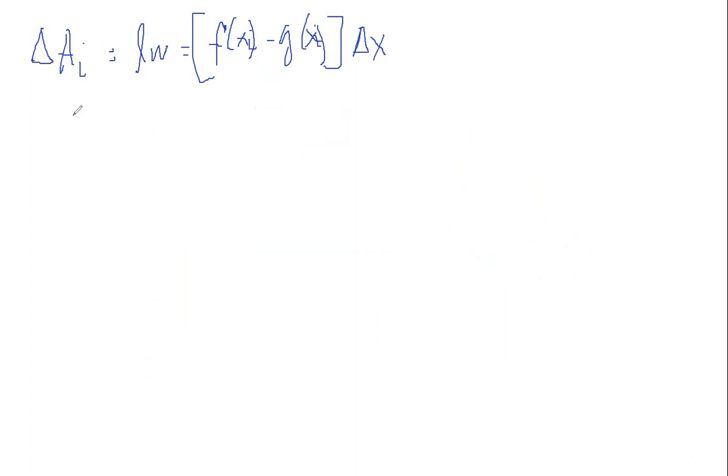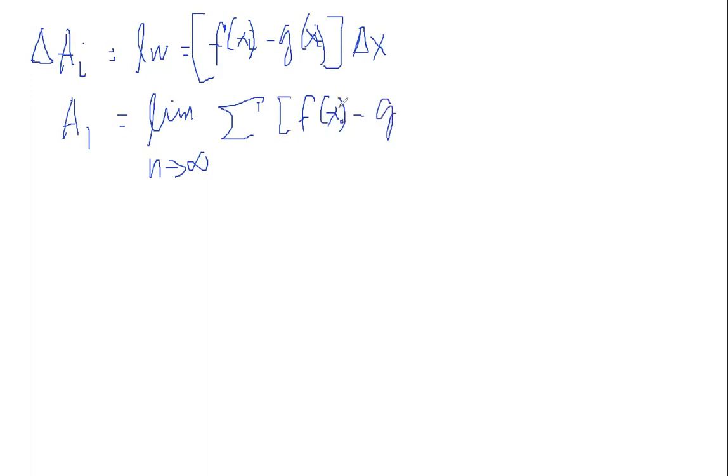And with the use of Riemann sums, we have A is equal to the limit as n approaches infinity of the summation of all the rectangular strips, that's f of x sub i minus g of x sub i times delta x, with i equal to 1 to n.